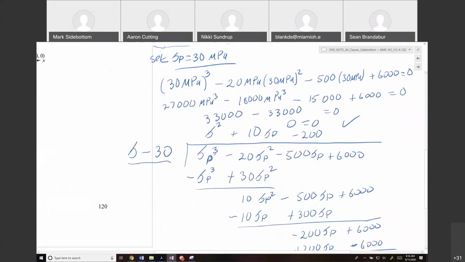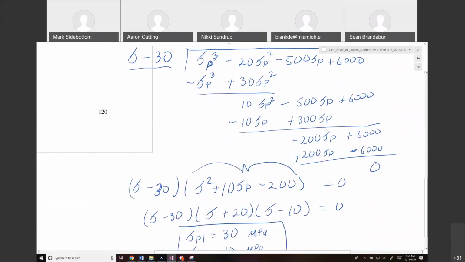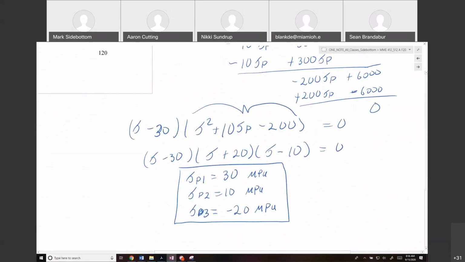So in, I think it was lecture 5, I believe, we talked about stress invariance. Does anyone remember what the stress invariance is, and how you could use it to check your work?